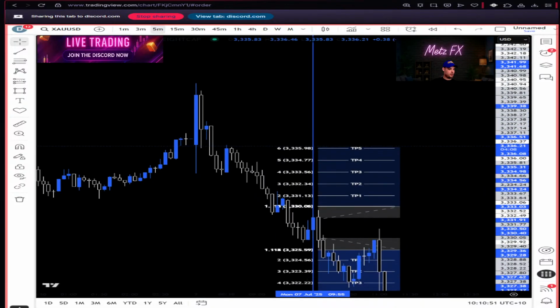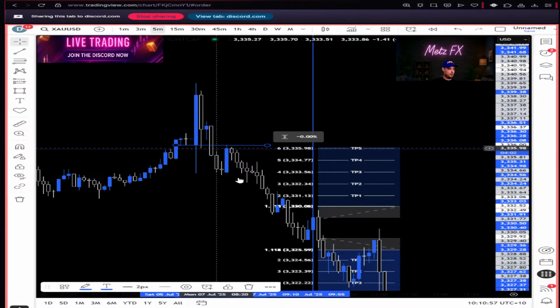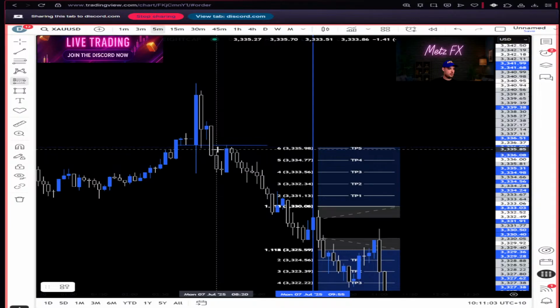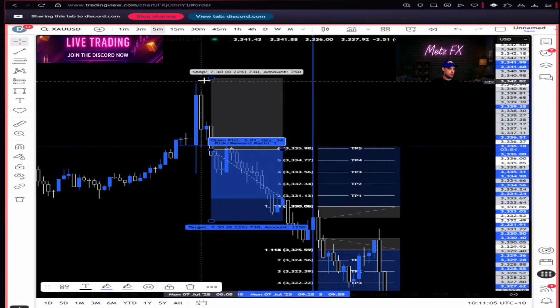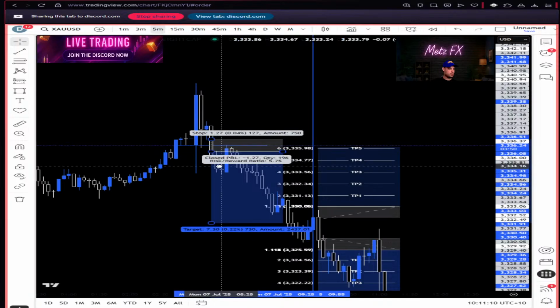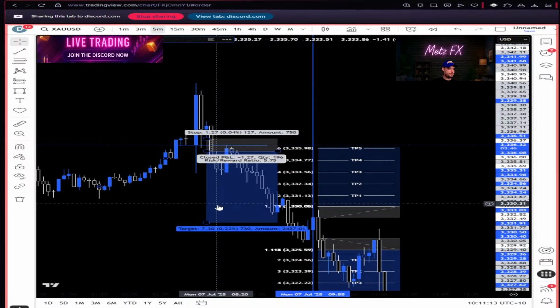So it all just comes down to getting the right zones. If you go to that level there, you don't take that manipulation wick into account. Something like that.